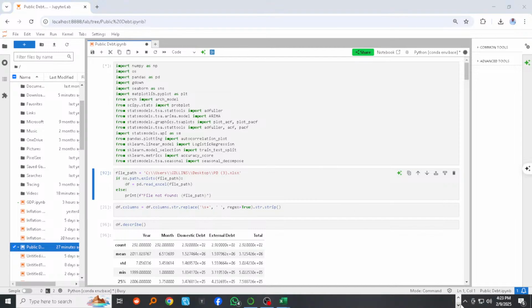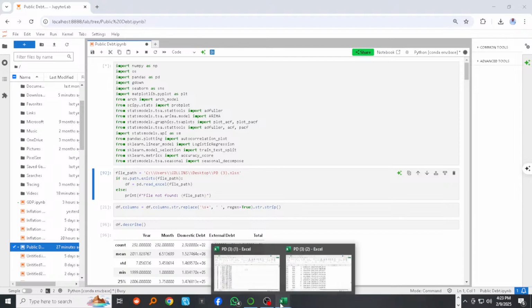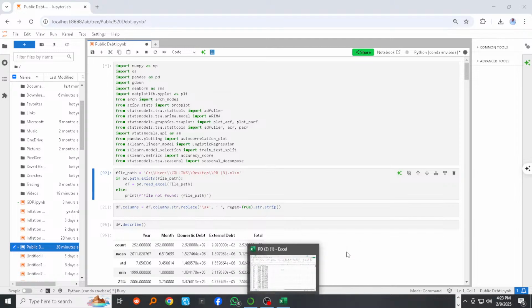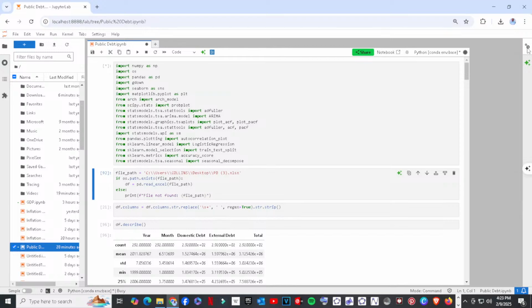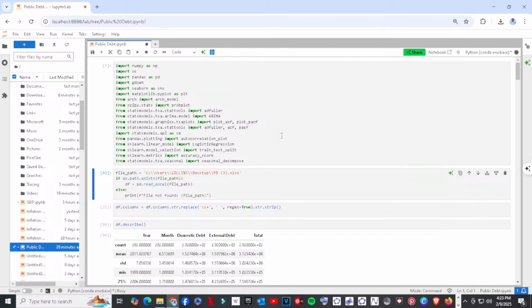As we wait, I think I'm done with these Excel sheets. I can close them so that they don't create a lot of traffic. Better.